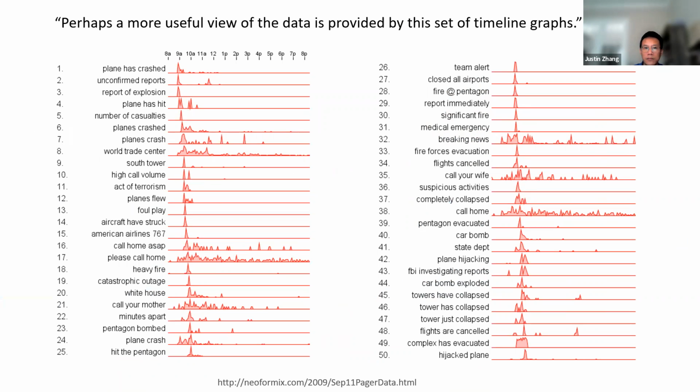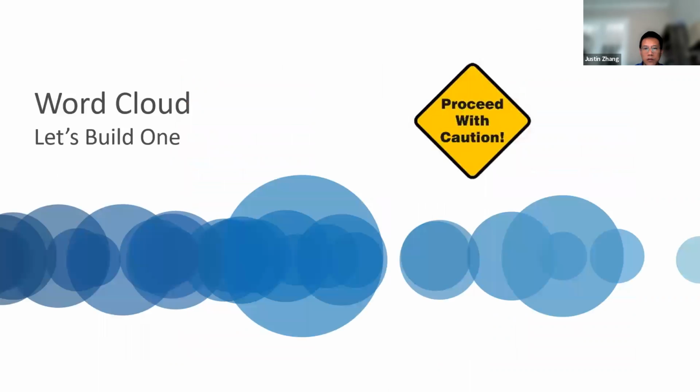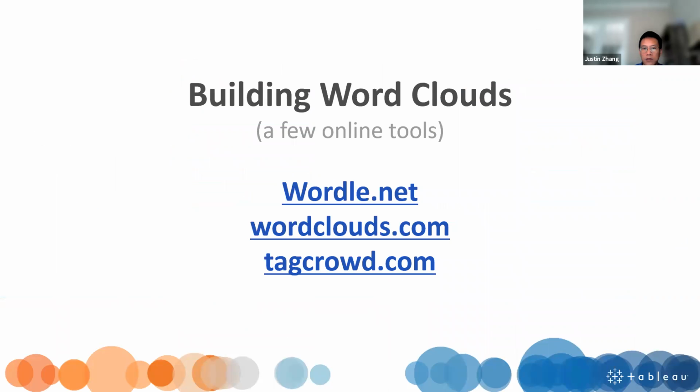It shows the most important keywords in the course of the tragedy of 9/11. Here is a similar list of keywords that were used during this time period. If you want to build a word cloud, there are some commonly used online tools. You can also search Google, as there are lots of online tools available.